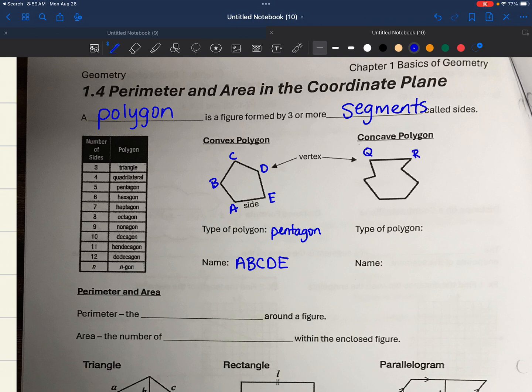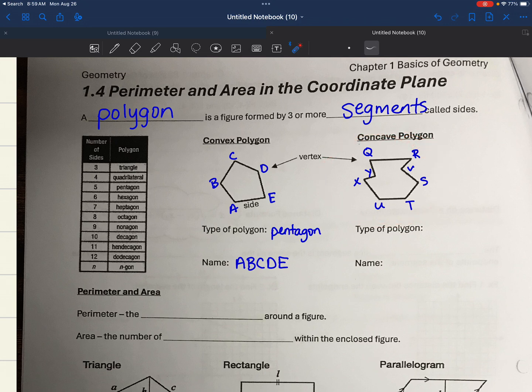All right. Let's look at this one. We're going to call Q, R, V, S, T, U, X, and Y. So we name each point. Now this figure is called concave because it caves in at 2 different places. This one is convex because it does not cave in anywhere.